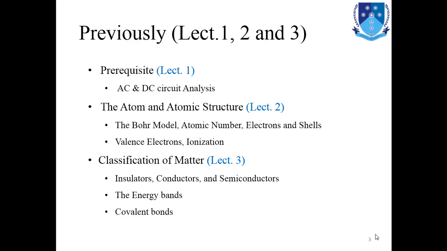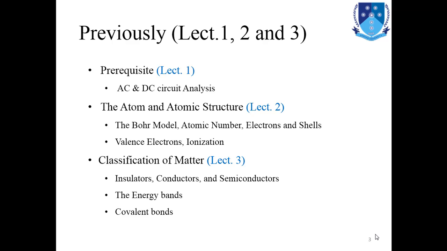In lecture number 3 we learned the classification of matter based on their conductivity. We classified the matter in 3 distinct groups: insulators, which cannot conduct electric current, the conductors which can maximally conduct the electric current, and semiconductors which sit in between the insulators and the conductors in terms of their conductivity.